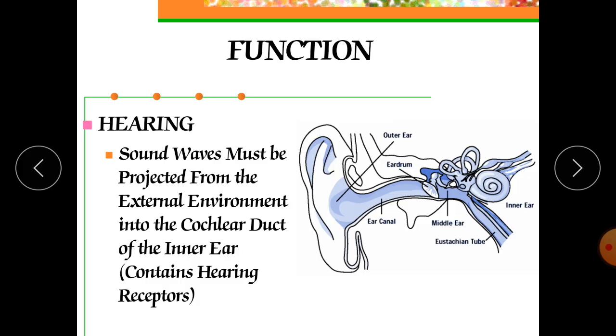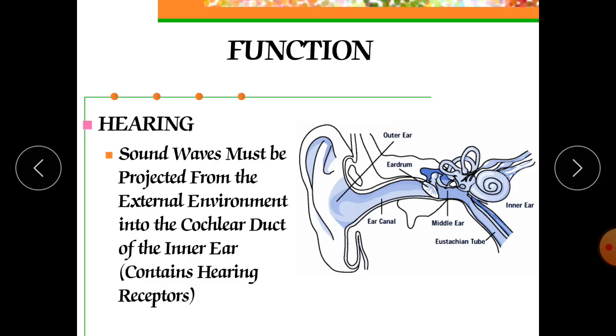A vacuum cleaner or mixer in our home is 75 decibels. Shouting or any loud sound during a fight is 80 decibels. A motorbike, car, motor vehicle or jackhammer is 90 decibels.